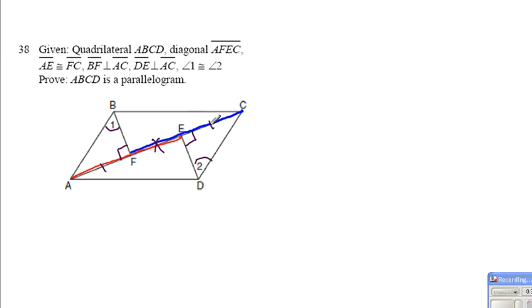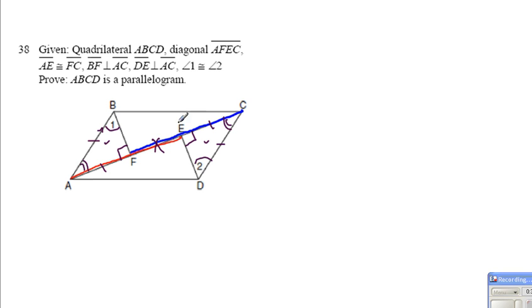Then we have angle, side, angle, side, so these two triangles are congruent to each other. Now, knowing that, we realize this side is equal to this side. Not only that, we realize that this angle is also equal to this angle by CPCTC. But when these two angles are congruent, they are alternate interior angles between lines AB and CD.